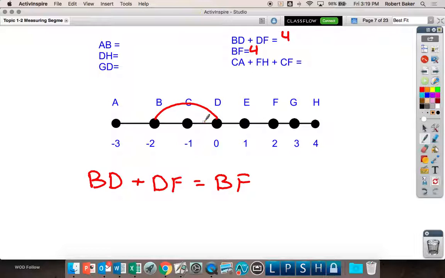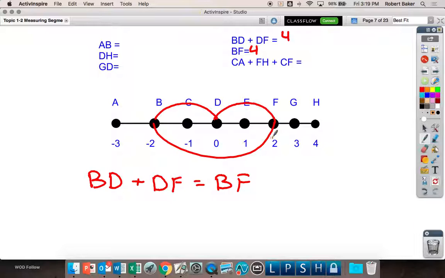BD plus DF equals BF. Just kissed by mathematics. It looks like lips, right? That is exactly what the segment addition postulate is. You take this piece, you take this piece, you add them together, and you get the whole thing.